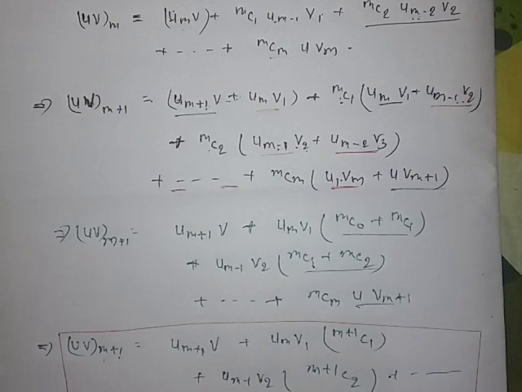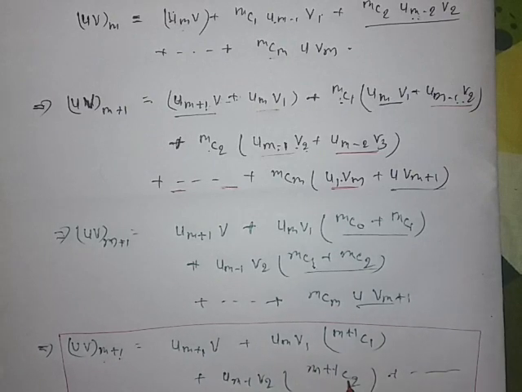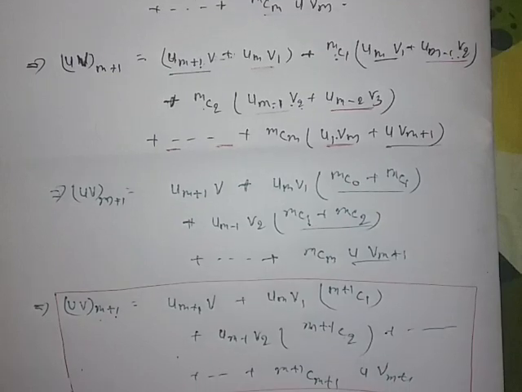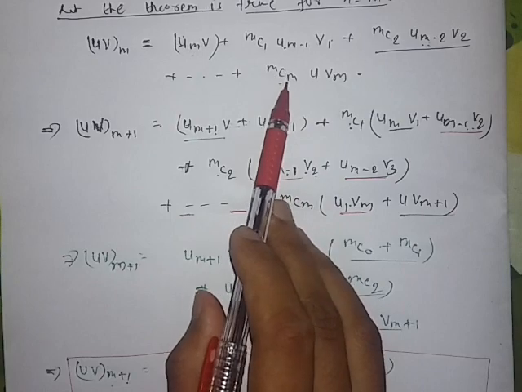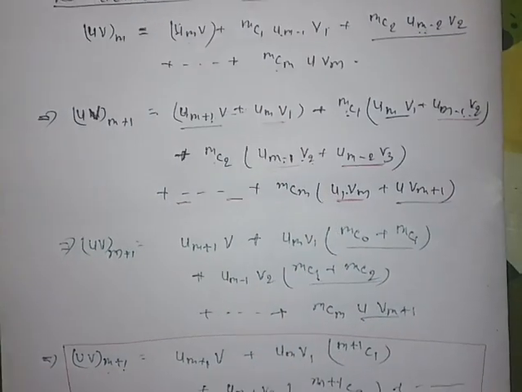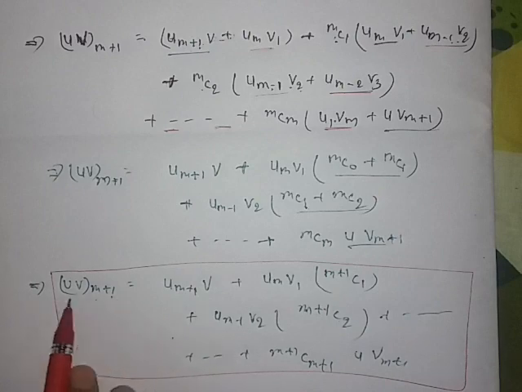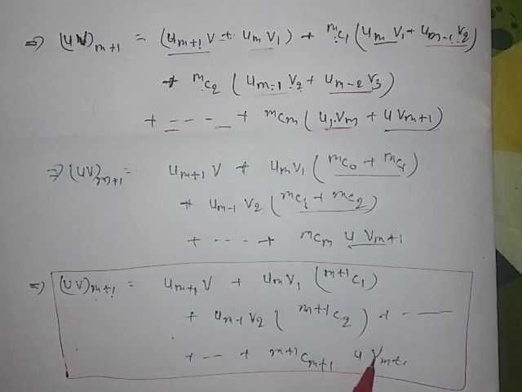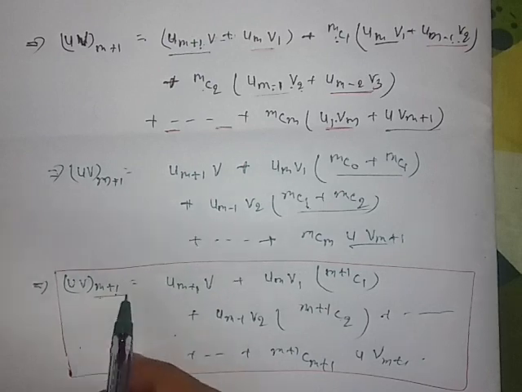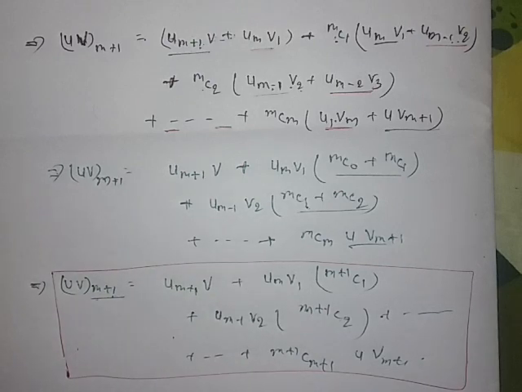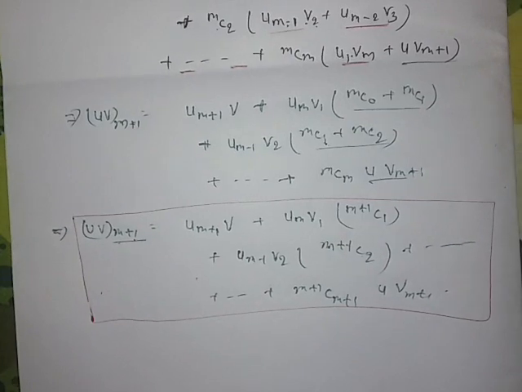In the place of mc2, we get m plus 1 c2. And in the last term, here it is mcm uvm, and in the format of uvm plus 1, we will get m plus 1 cm plus 1 uvm plus 1. So clearly both the formats are alike. So we can say that the theorem is true for n equal to m plus 1 also. So by the induction theorem, we are done with our proof.